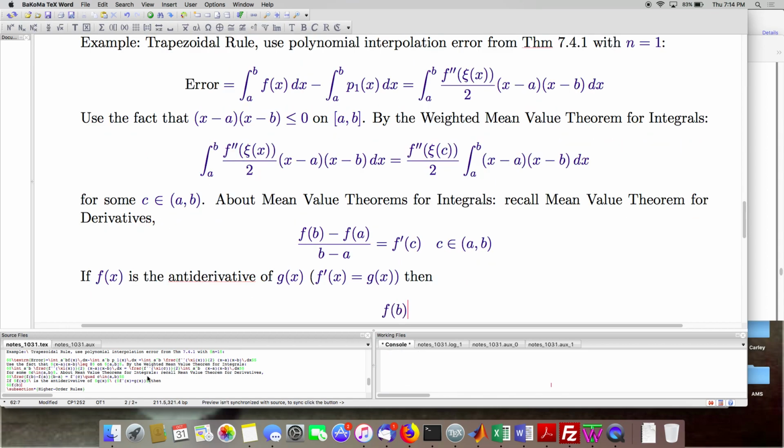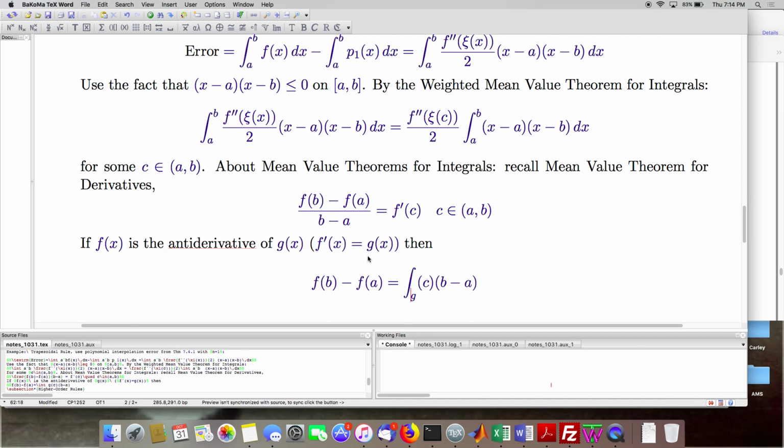F of b minus f of a is equal to g of c times b minus a. But f of b minus f of a, by the fundamental theorem of calculus, is the integral from a to b of g of x dx.